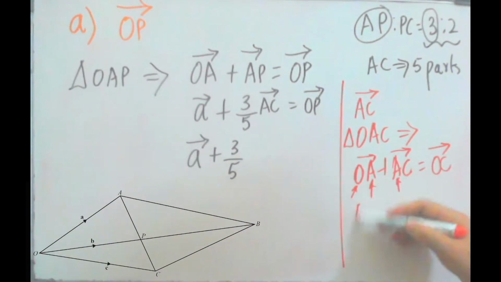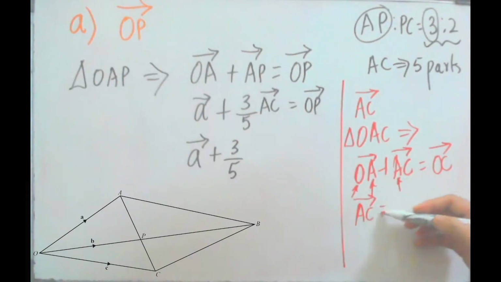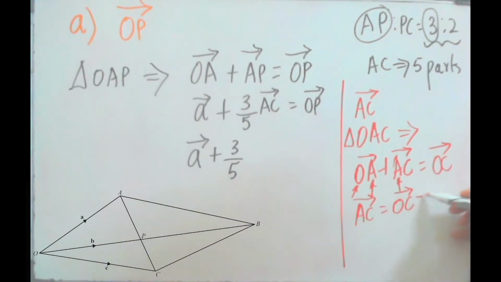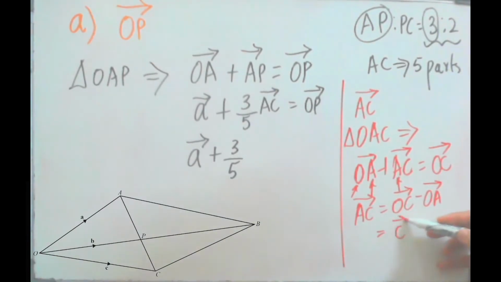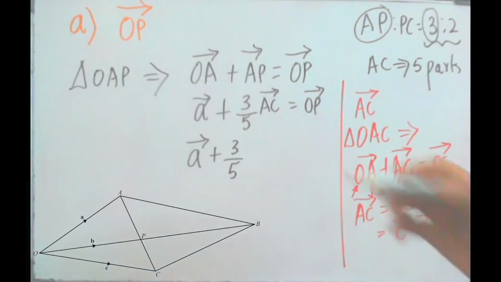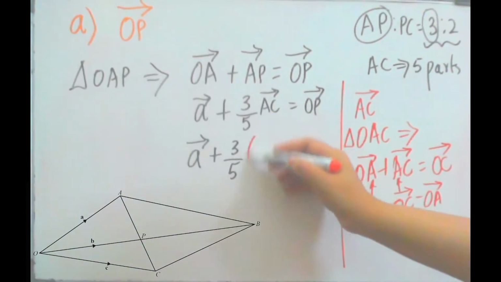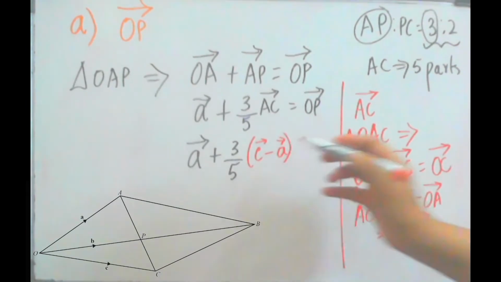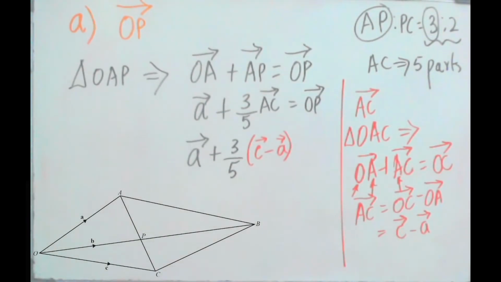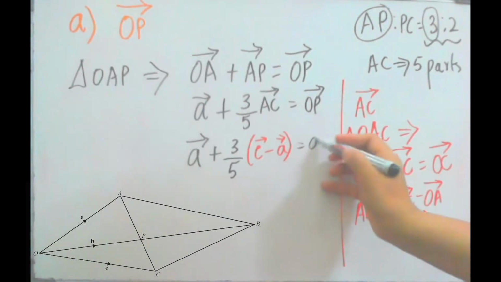So from this equation, AC is equal to OC minus OA. OC is given as vector C and OA is given as vector A. So it is C minus A. So we will replace AC with vector C minus vector A, and this is equal to OP.